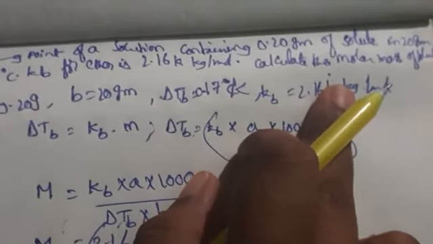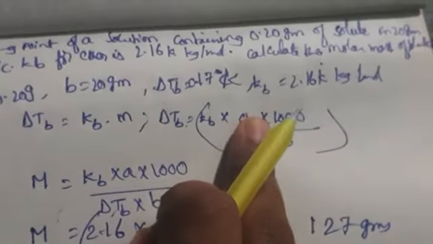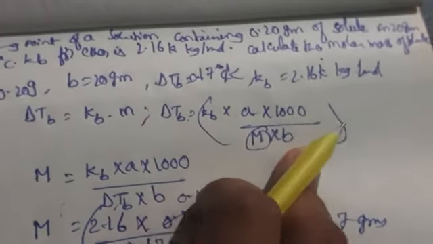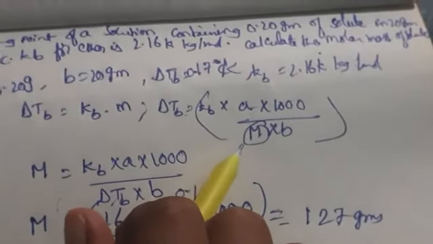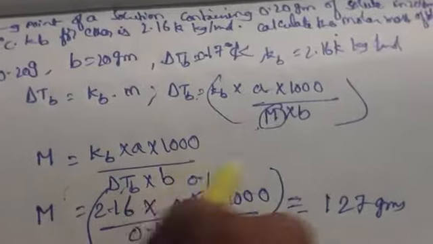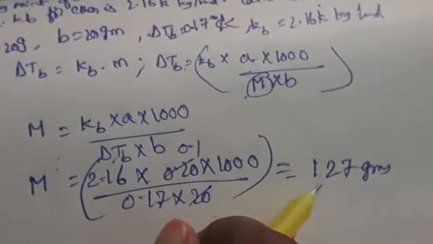He told us to calculate the molar mass of this solute, where A indicates solute and B indicates solvent weight in grams, and M is the molar mass. By substituting all these values into this formula, 127 grams is the answer.